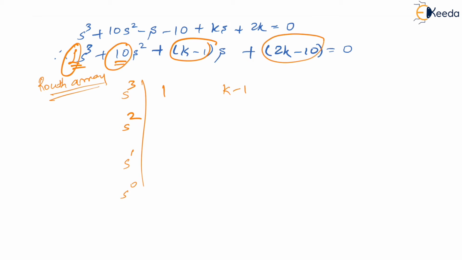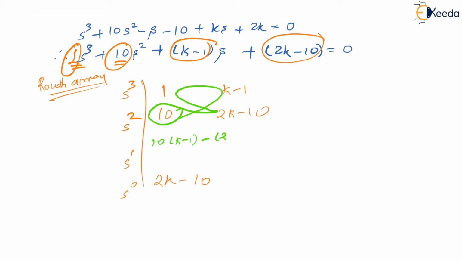Similarly 10 and 2k − 10. The last entry should also be 2k − 10. Now what comes here is this into this minus this into this upon this, so it becomes (10(k − 1) − (2k − 10))/10.